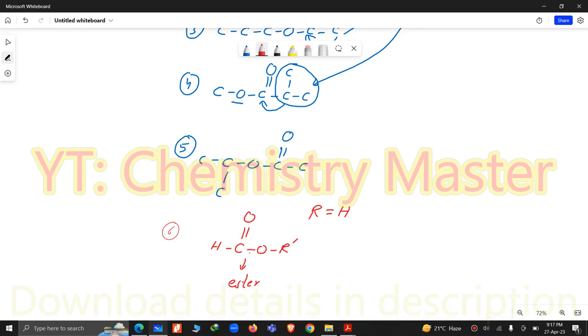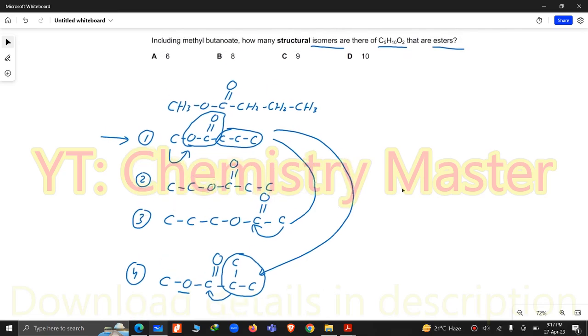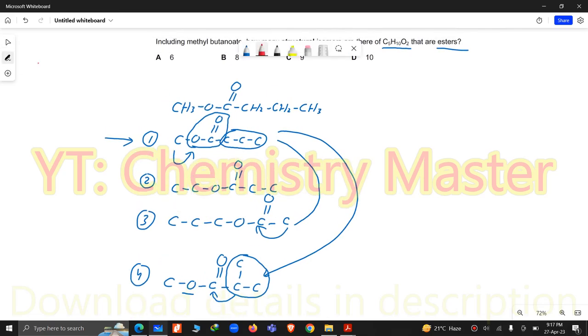So using this new method, I can now draw more isomers. Starting from the same isomer number 1, I can make new isomers. I will write H, C, carbonyl group, and then I have oxygen, and then carbon, carbon, carbon, and carbon.